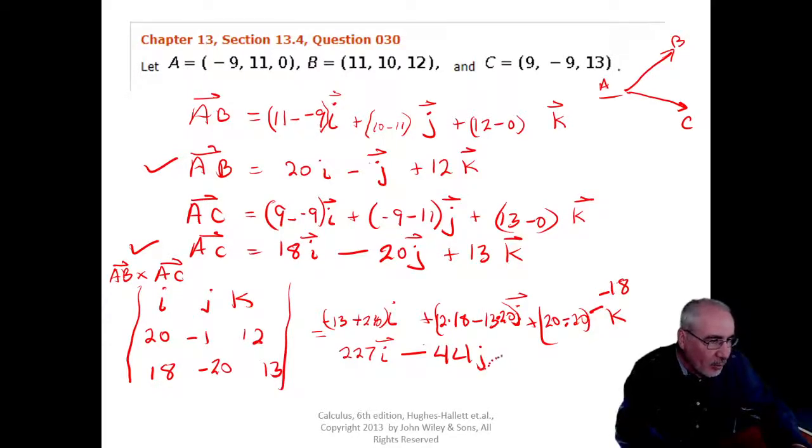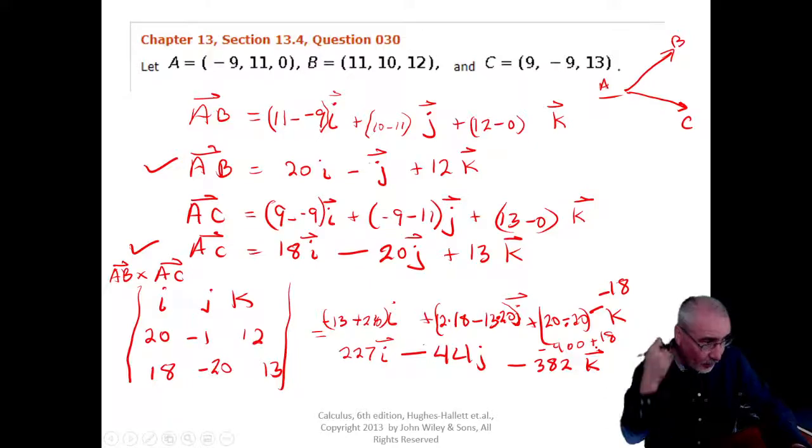Okay, so that's going to give us 20 times negative 20, which is negative 400, and this becomes plus 18, so it should be about negative 382. Wow. So that's our vector.